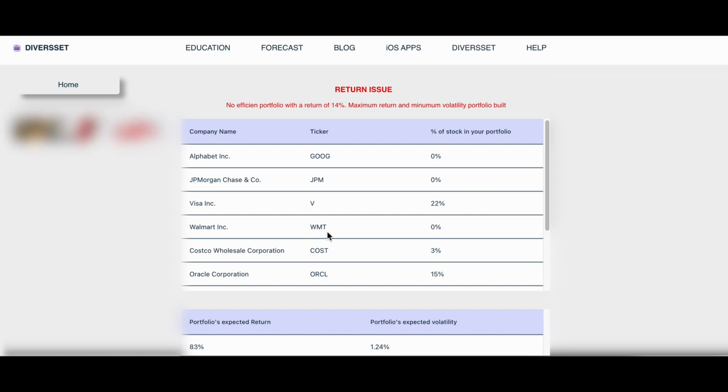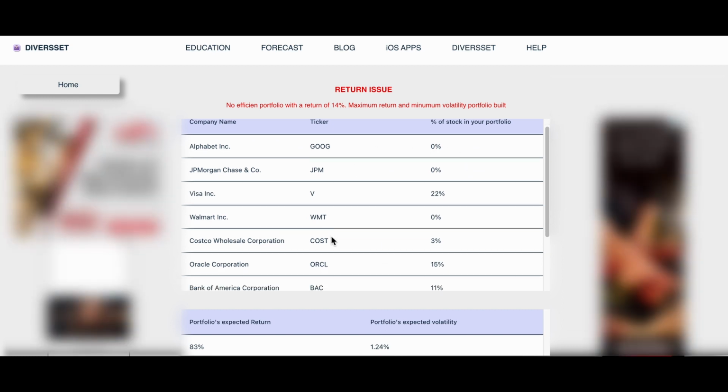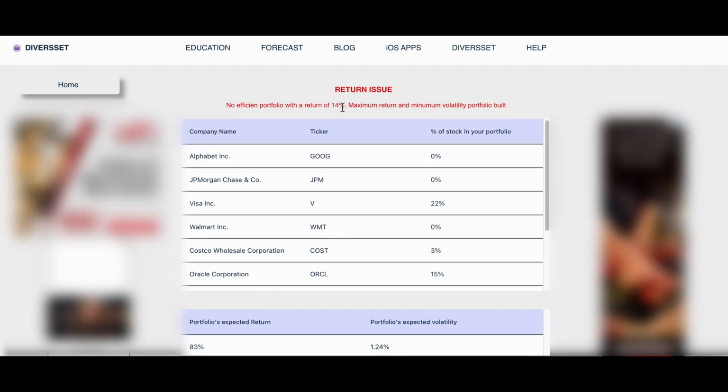And let's see the application build an efficient portfolio, and it says, listen, you wanted 14% initially, but the application Diverset couldn't build an efficient portfolio with 14%, but it says, listen, I can generate your portfolio with 83% expected return, which is higher.